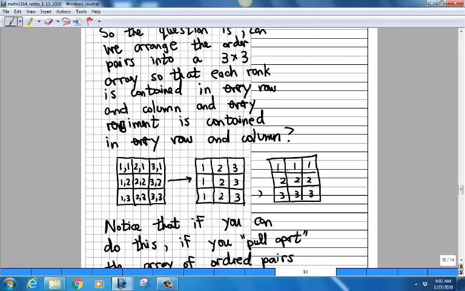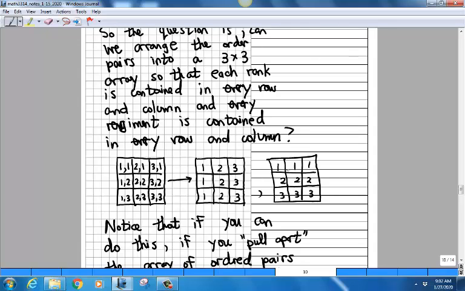I need to have all of the ranks in every column and row, and all the regiments in every column and row. And obviously, has that happened? No, I missed by a long shot there. I've done a terrible job of arranging this particular formation.